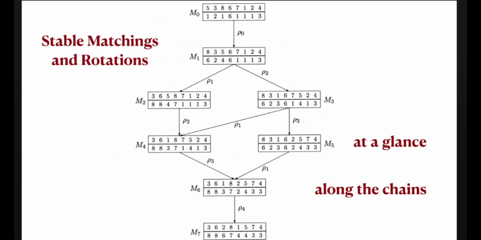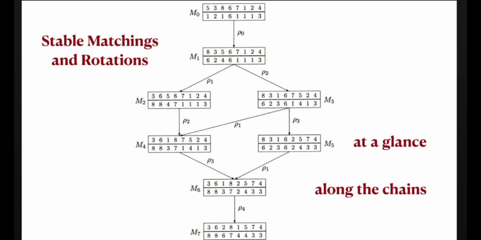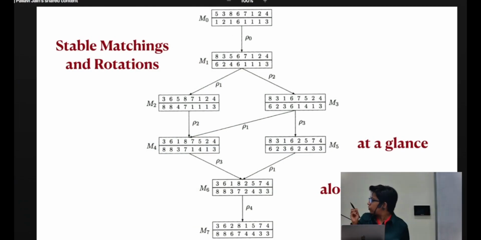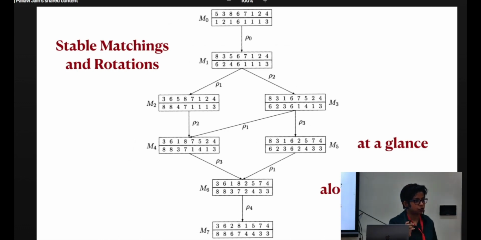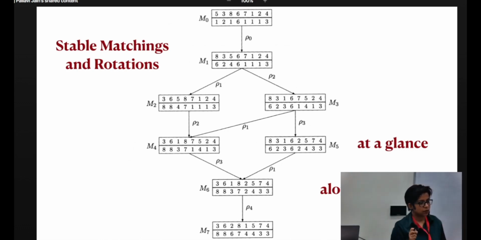And the edge labels there, rho 0, rho 1, those are the rotations. You don't have to read this thing, it's a sort of confusing way of showing it, but forget it. Just take from me that there are 8 stable matchings, but there are only 5 rotations, rho 0 to rho 4.